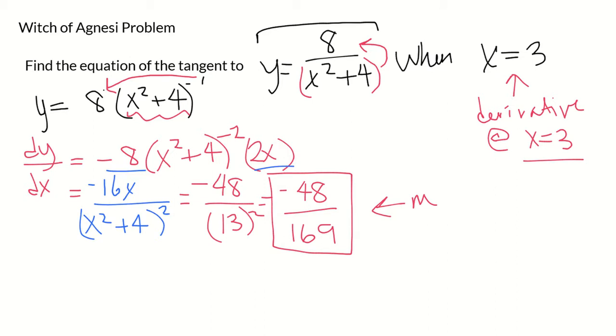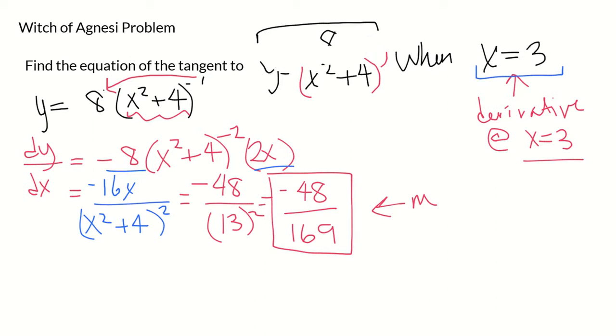So to find the equation of the line, we need the slope and a point on the line. So let's find a point on the line where x equals 3. So that means the point at which we're tangent. So we need to find the y value that goes with x equals 3. So that means just plug in x equals 3 into this formula.